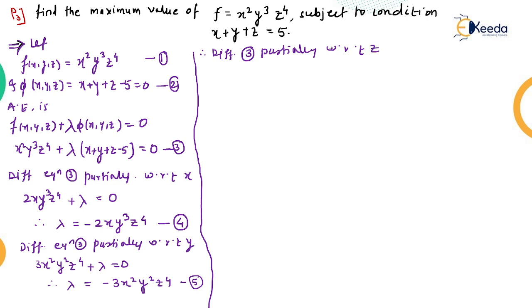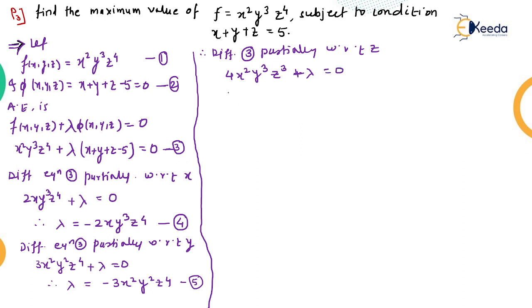After differentiating with respect to z, x and y are constant, so we get 4x square y cube z cube, because the derivative of z raised to 4 is 4z cube, plus lambda, since the remaining terms in the bracket are constant, and that is equal to 0.